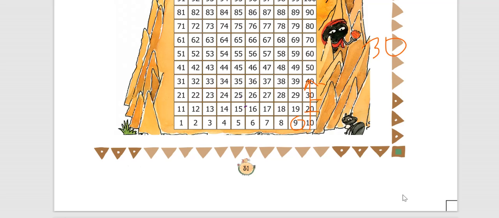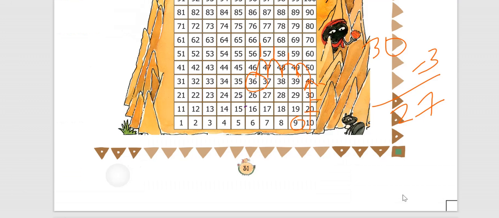But we came here to 39. We have to come only to 36. So let's move some steps to the left. 1, 2, 3. We're at 36. So we have to give away 3. 30 minus 3 is 27. So the answer is 27.